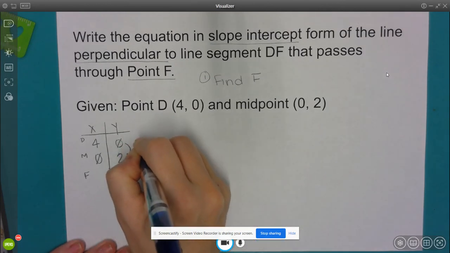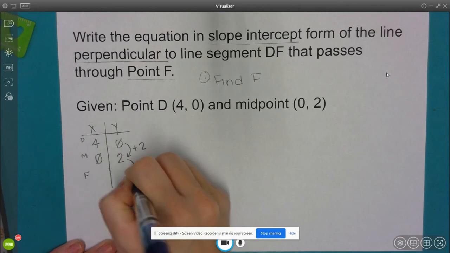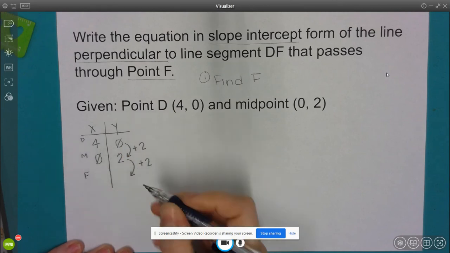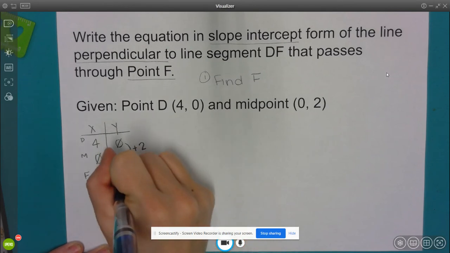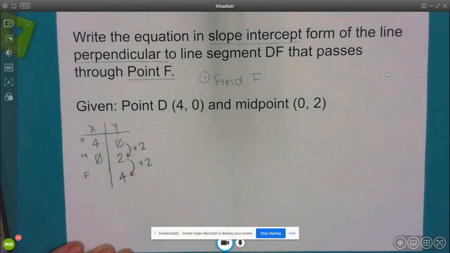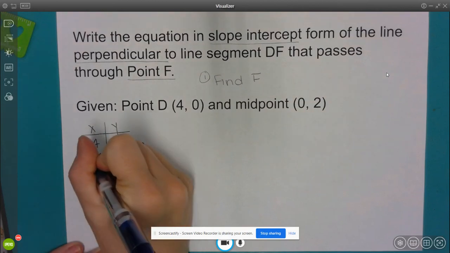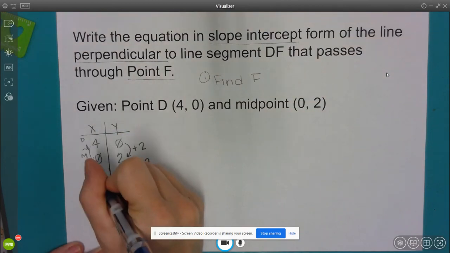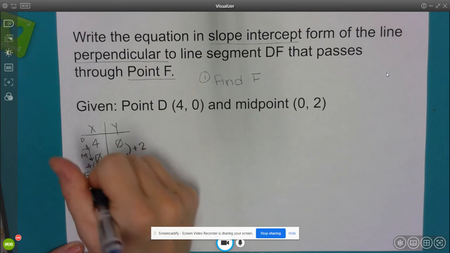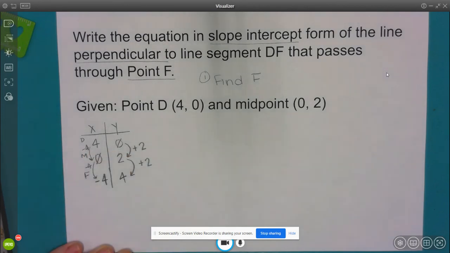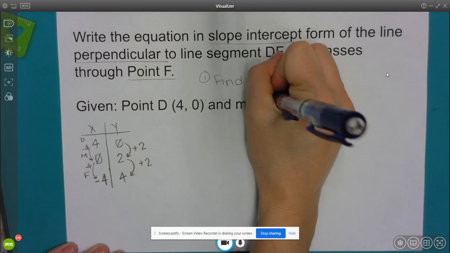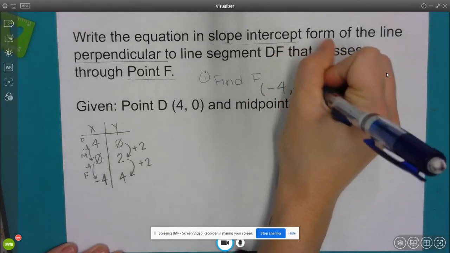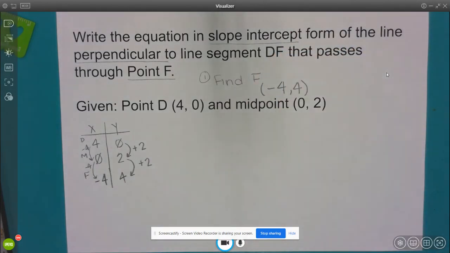So this is +2, so I'm going to have to do that again since this is half of the total distance between my endpoints. So my Y value for F is going to be 4. This is -4, so I have to do that again. So my X value for my endpoint will be -4. So F is the point -4, 4.